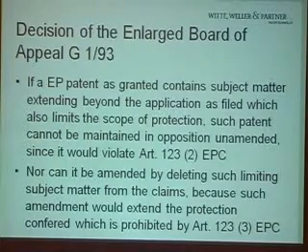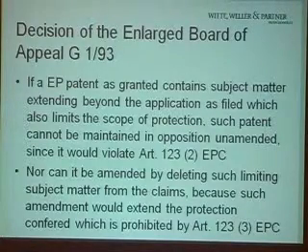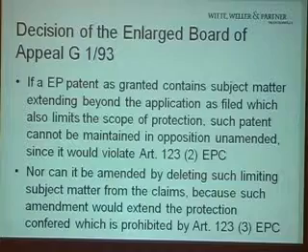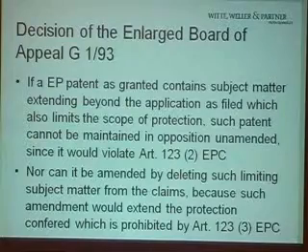So this is basically the situation you may run into if, during your application proceedings, you amend the claims in such a way that it's not supported. And the European Patent Office is very strict with what is being supported and what not.